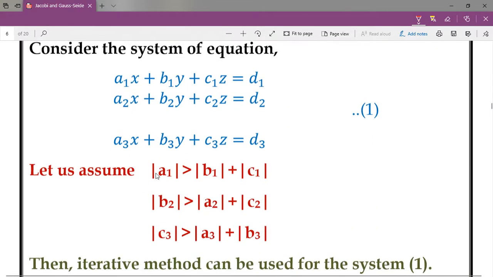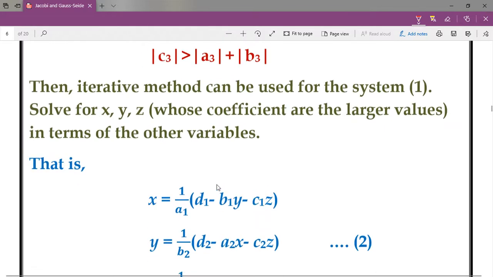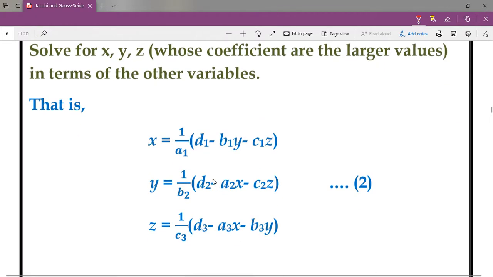So here also we have the system a1x plus b1y plus c1z equal to d1 and so on. So we see that this system is solvable if it is diagonally dominant. So the iteration method can be used for system 1. So now we solve for x, y, z.